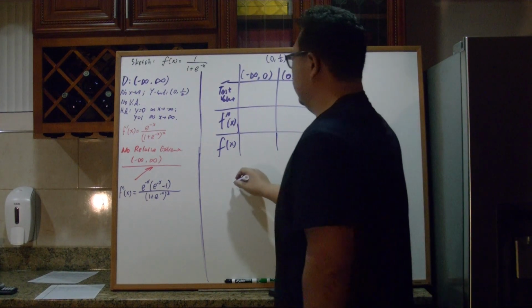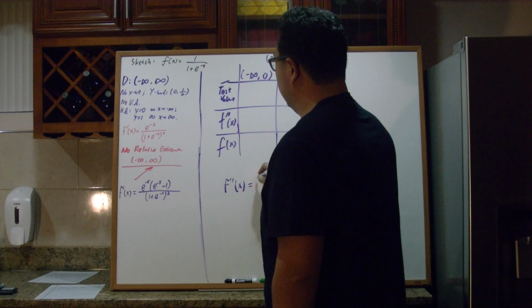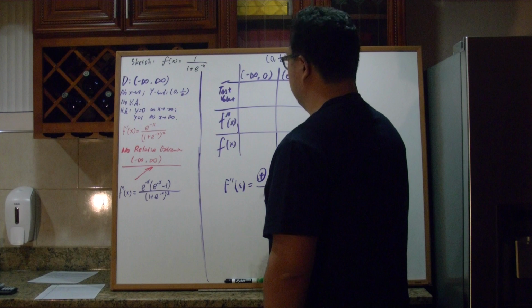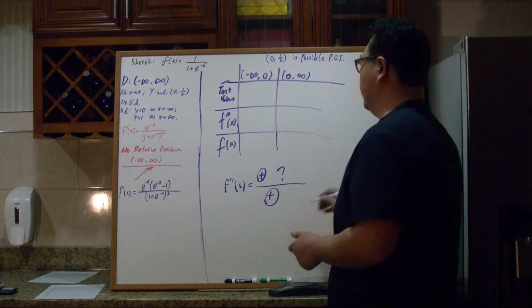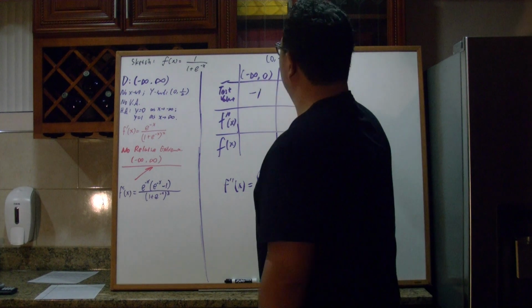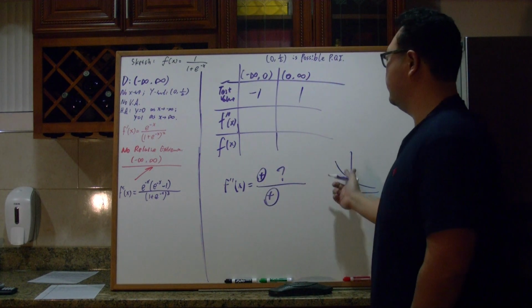But one thing we could consider is that in f double prime of x, e to the negative x is always positive, the denominator is always positive, and only the sign of e to the negative x minus 1 is unknown. For every value before 0, e to the negative x is bigger than 1.